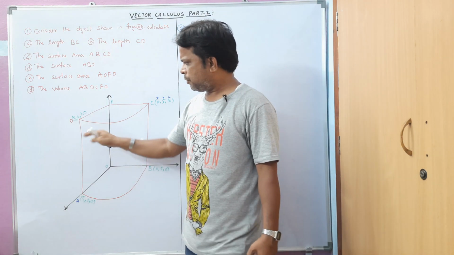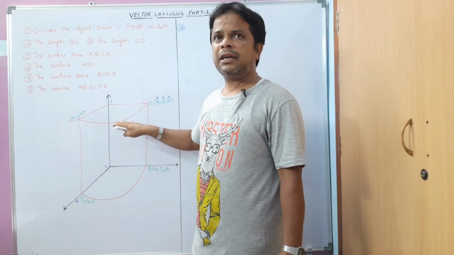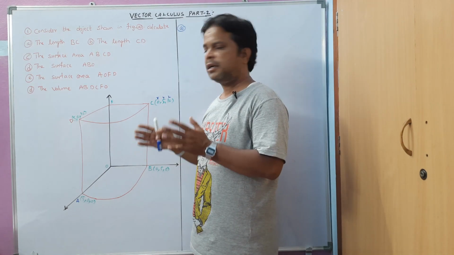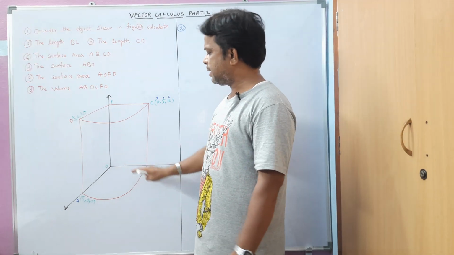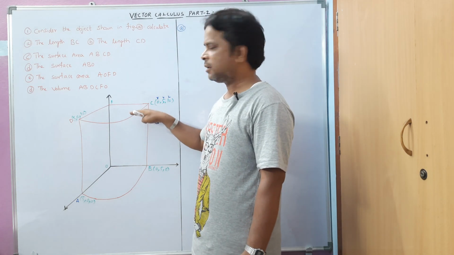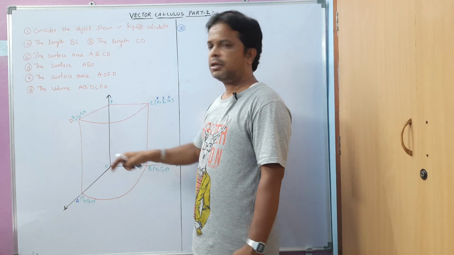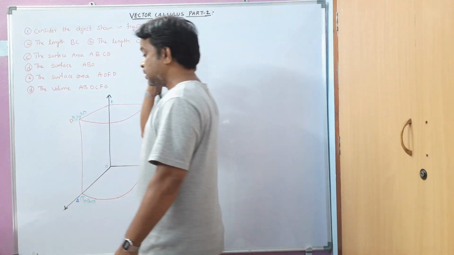If you see this diagram, it is clearly looking like a cylindrical object, which has some radius and some height, and its origin is located at the origin O. Now let us do the first problem here.